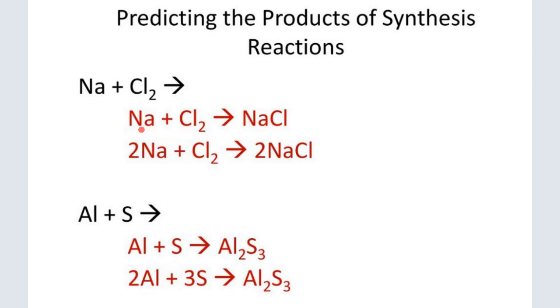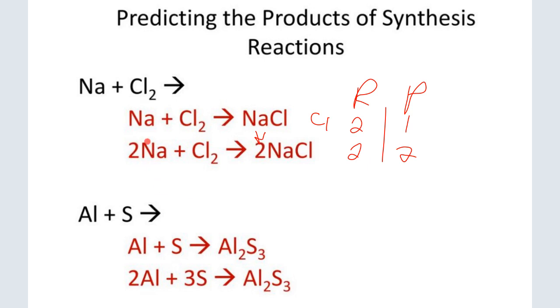In this particular case, we have NaCl, but we have 2 chlorines on the reactant side and only 1 chlorine on the product side. That's why we're going to put this 2 here. Now we have 2 chlorines and 2 chlorines, and the sodiums get balanced.